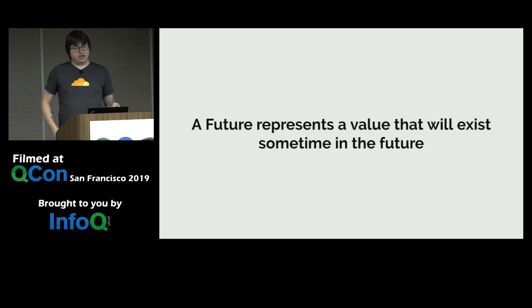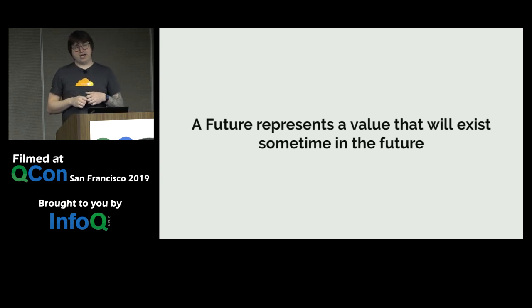And a future is this concept that represents some sort of value that will exist sometime in the future. This is kind of the core idea of asynchronicity, but this reifies it into an actual thing. And so instead of needing to have a callback, which may be executed at some time in the future, the idea is you have this object, and Rust doesn't really have objects in the OO sense, but a bit of data that you can basically ask, hey, does that thing exist yet?